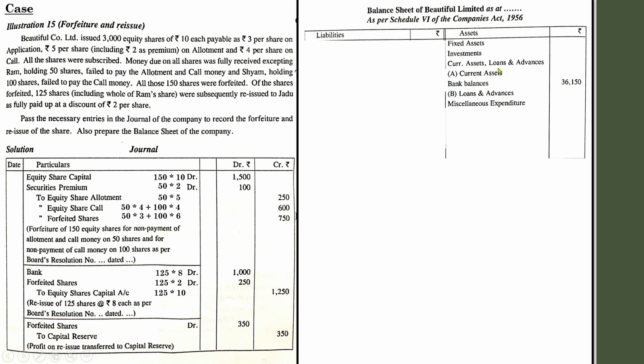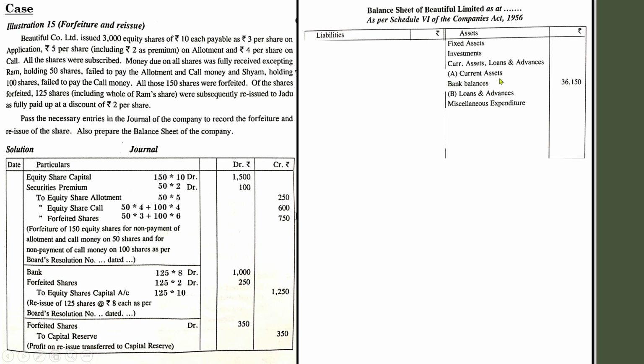And under current assets, usually with regard to issue of shares and issue of debentures, we will be showing the amount only with regard to current assets, because there are no other details with regard to fixed assets or investments, unless it is a case of purchase of any asset through shares. In that case, you have to show the amount of fixed assets. Unless otherwise specified, you have to show only current assets.